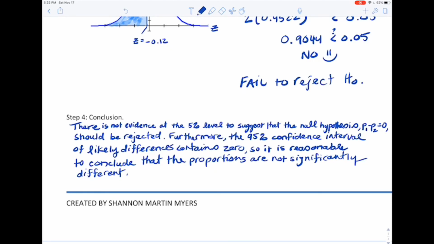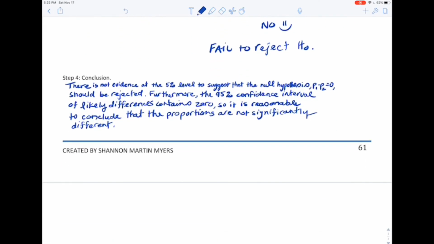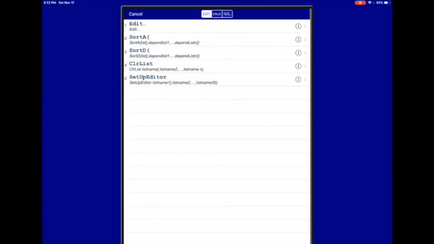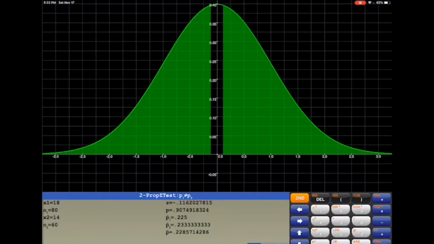Cool. All right. So now how would we do a hypothesis test on the graphing calculator? If you just go to Stat and you go to Test and you go to two proportion z-test. I entered in all the data, so x1 is 18, n1 is 80, and all that good stuff. And if you take a look, we drew one side of the probability.